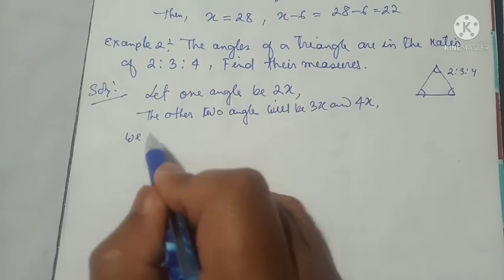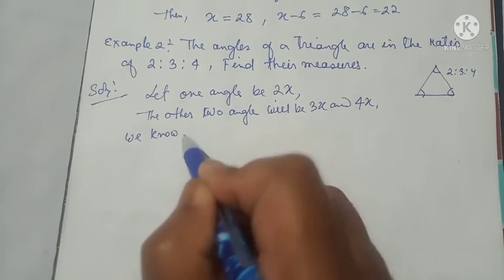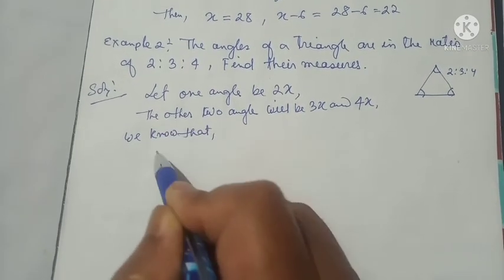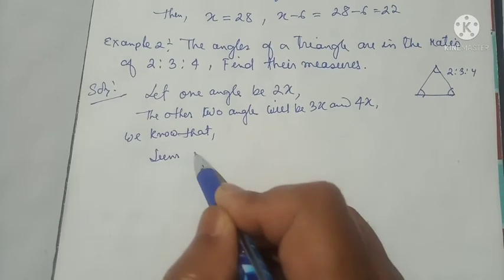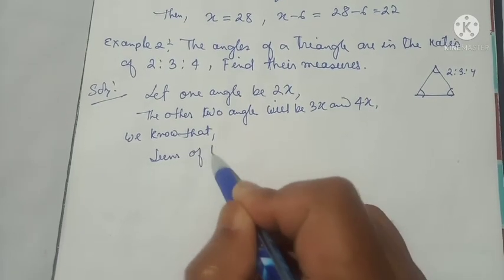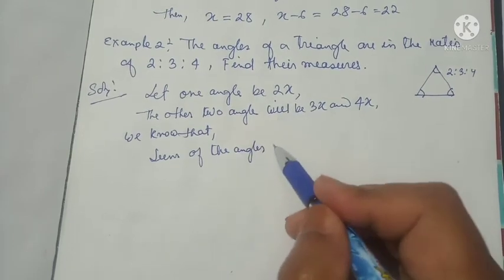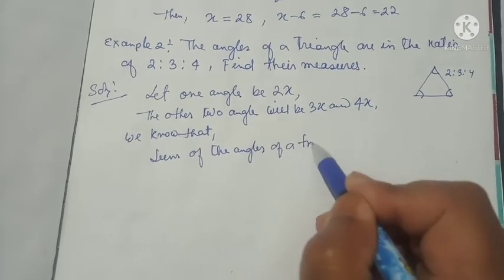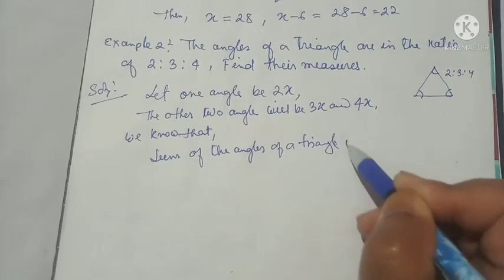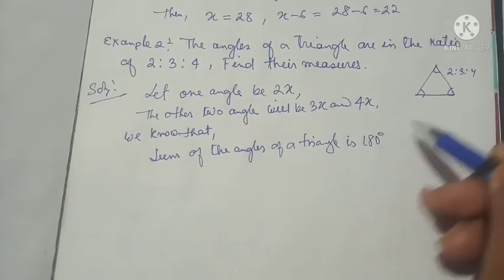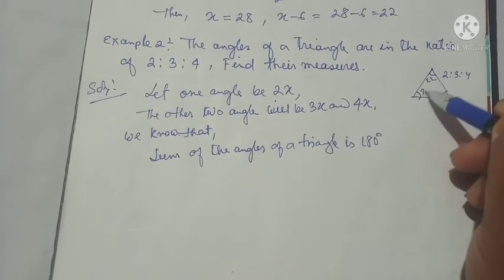We know that the sum of the angles of a triangle is 180 degrees. So here is 2x, here is 3x, here is 4x.